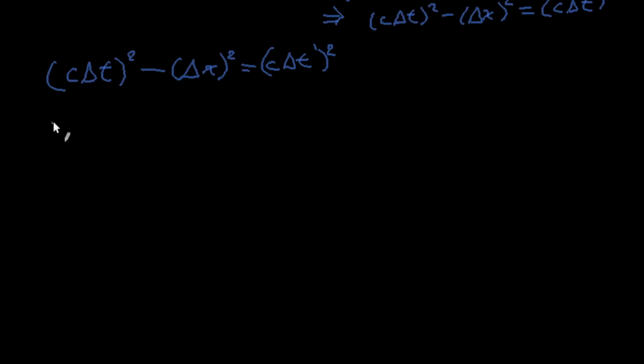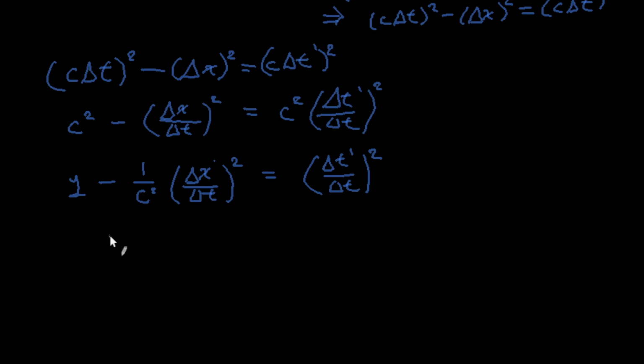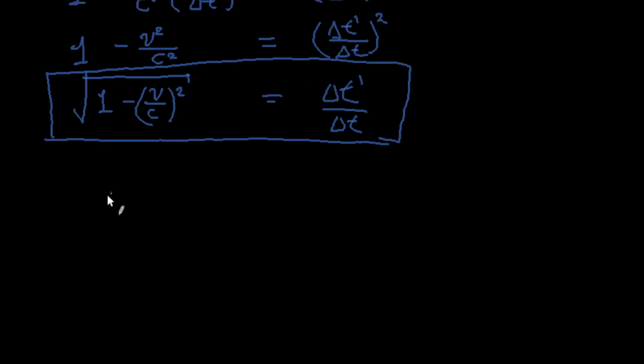Now, one of the things we can do now is divide both sides through by delta t. We can factor out the c squared and divide it through. Now, what is delta x over delta t? That is simply the velocity of our particle. So we can simplify this further. And then finally, we can take the square root of both sides. So this is the essence of time dilation.